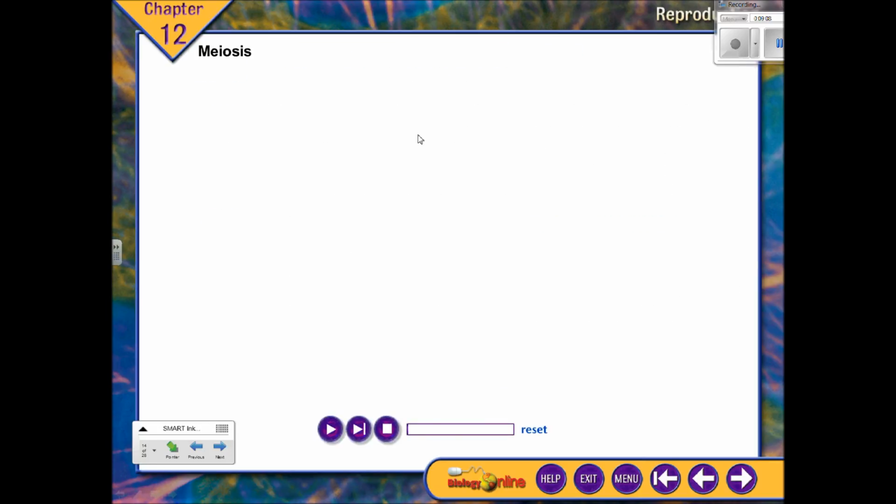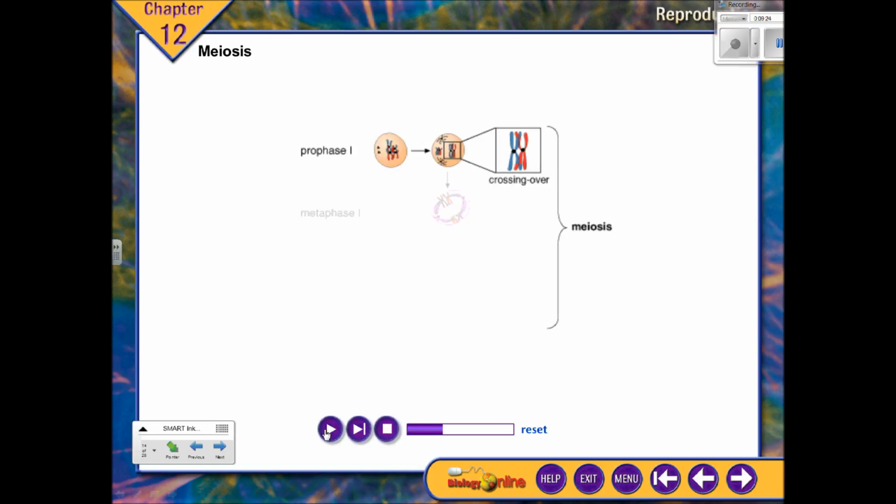Okay, let's listen to this. As in mitosis, each chromosome enters meiosis as a pair of sister chromatids joined at the centromere. During prophase 1, homologs pair and cross over. Homologs attach to spindle fibers from opposite poles during metaphase 1 and migrate to opposite poles during anaphase 1.